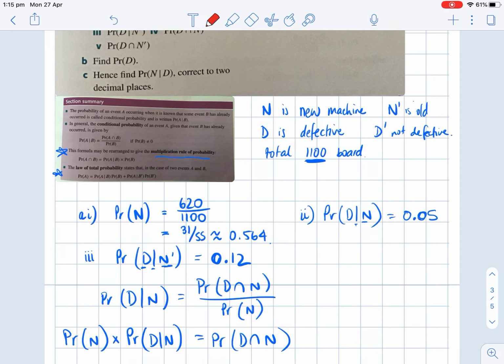Change my pen colour. Why did I know to do that? Really simply, probably just because the question led me through it. It made me find this part first. So rather than starting all over again, I can just put those two things together. All right.